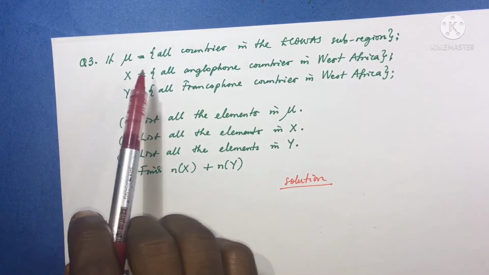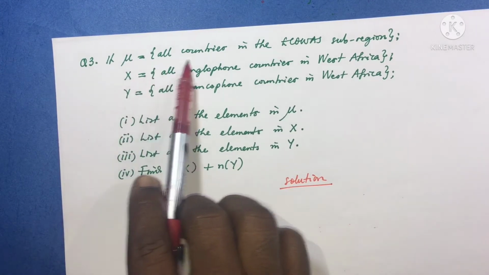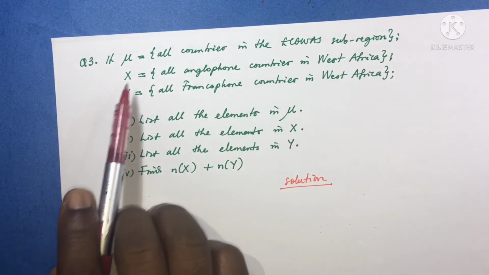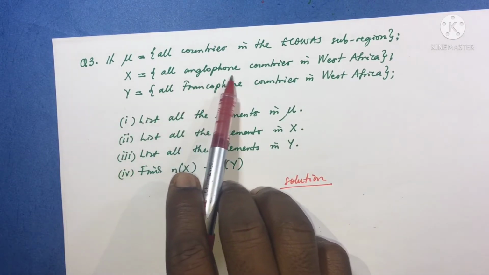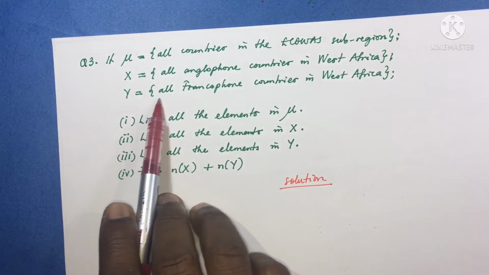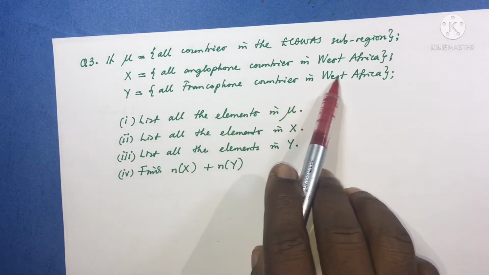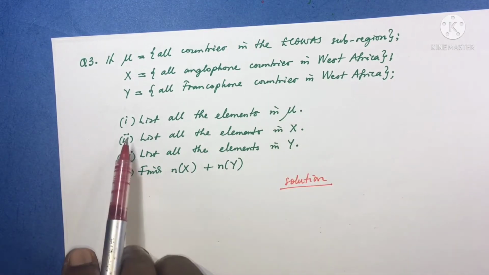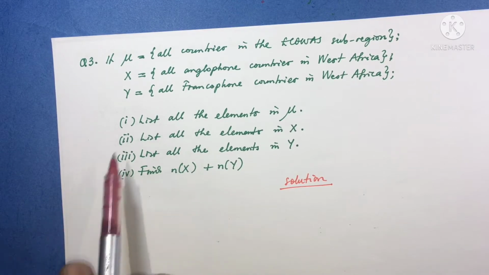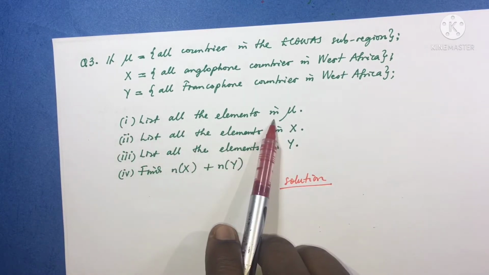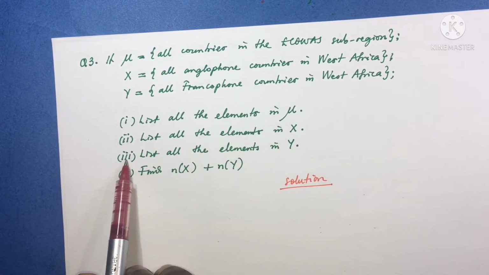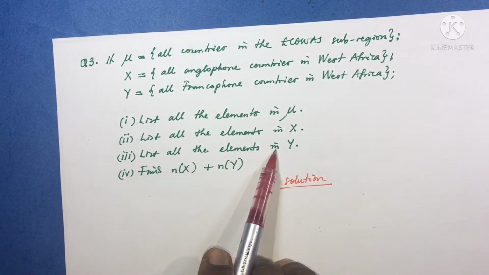Question number 3 says, if the universal set is the set of all countries in the ECOWAS sub-region, and X is the set of all Anglophone countries in the West African sub-region, Y is the set of all Francophone countries in West African sub-region, then list: number 1, all the elements in mu; number 2, all the elements in X; number 3, all the elements in Y.